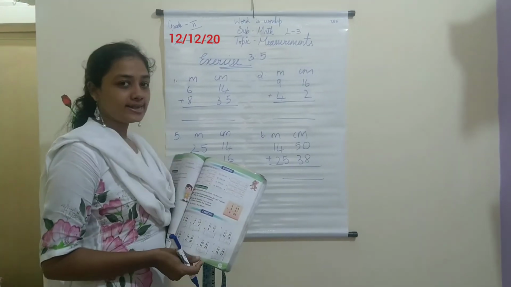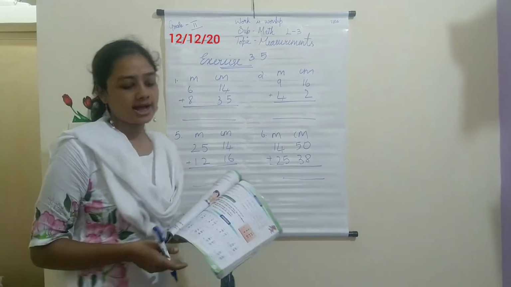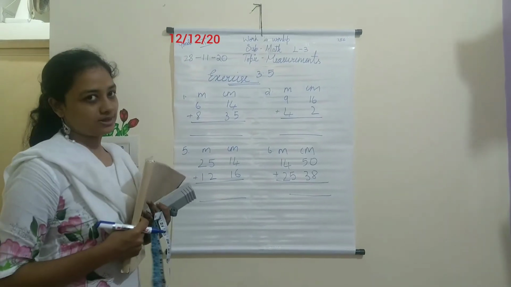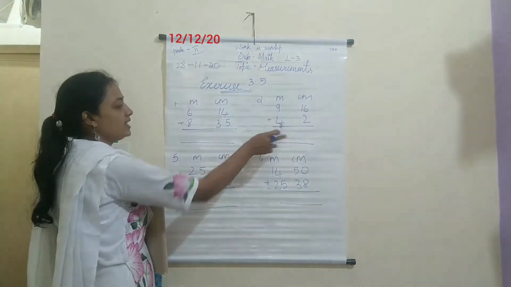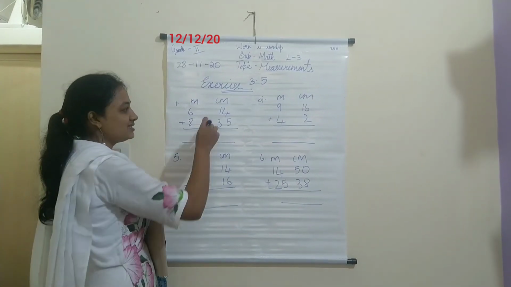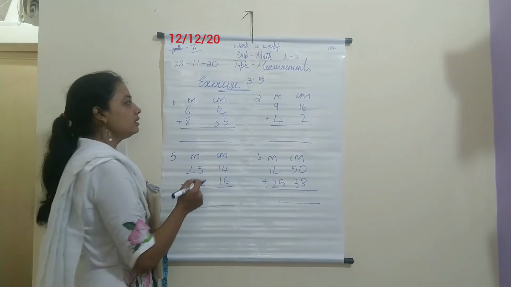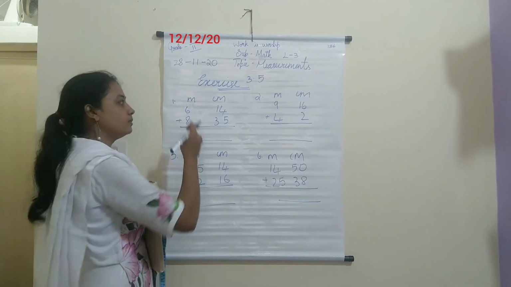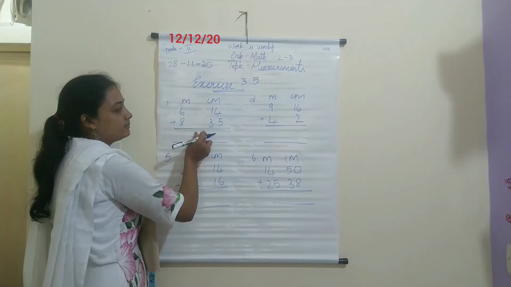So now we are going for exercise 3.5, page number 93. In this, we will be learning how to add measurements. If you can see your textbook, you have questions written like this. You have meters on one side, centimeters on the other side. There should be a gap in between.